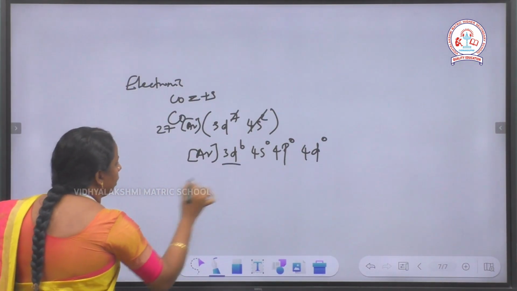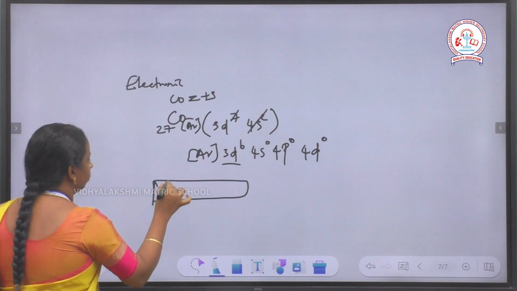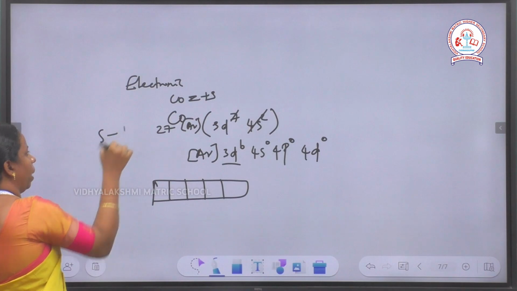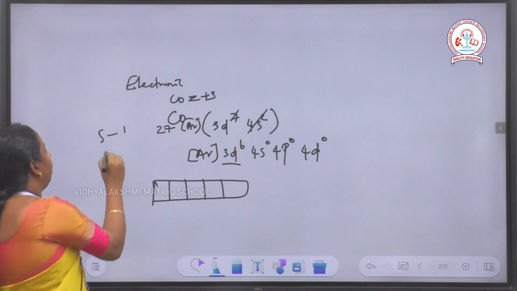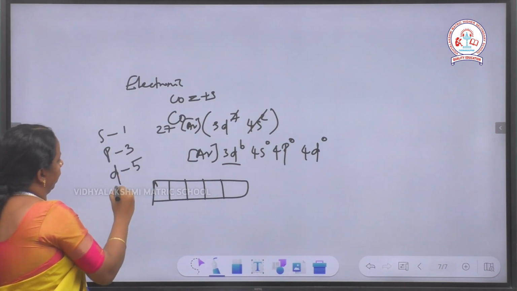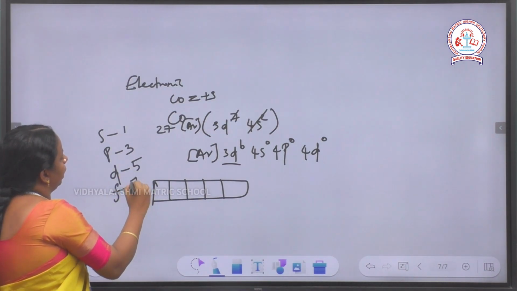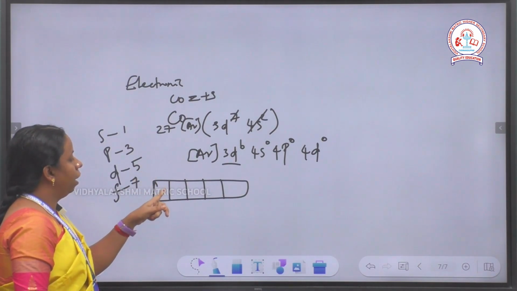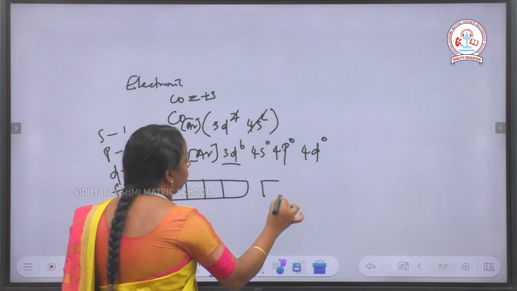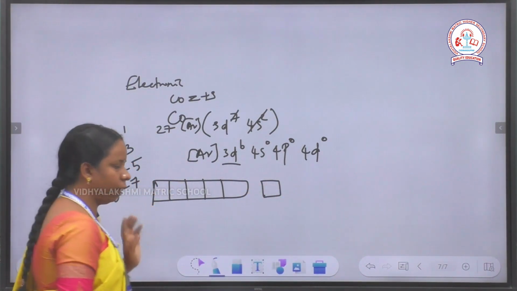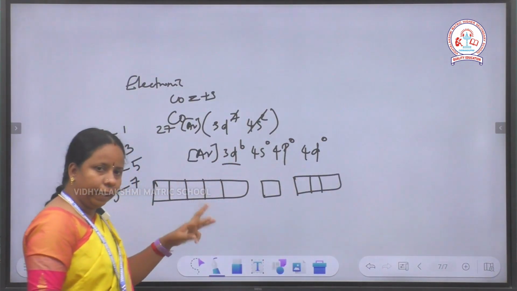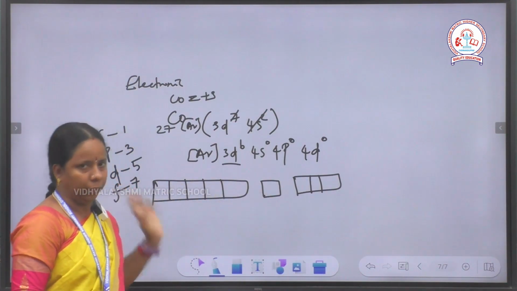So, d orbital means you can write 5 orbitals because s orbital 1 degenerate is possible, p orbital 3 degenerate, d orbital 5 degenerate, f orbital 7 degenerate. That's why for d orbital I put 5 degenerate orbitals. S orbital 1 degenerate, so only 1 orbital. P orbital 3 degenerate are possible. That's why I put 3 orbitals here.